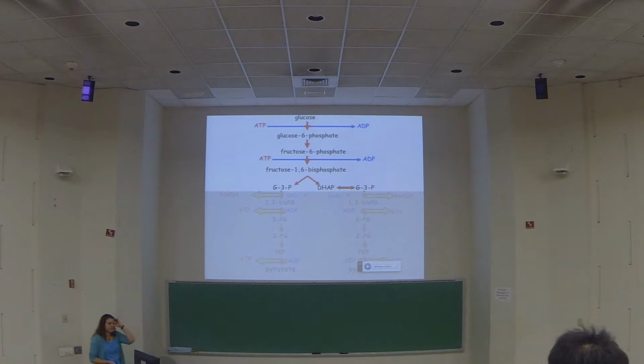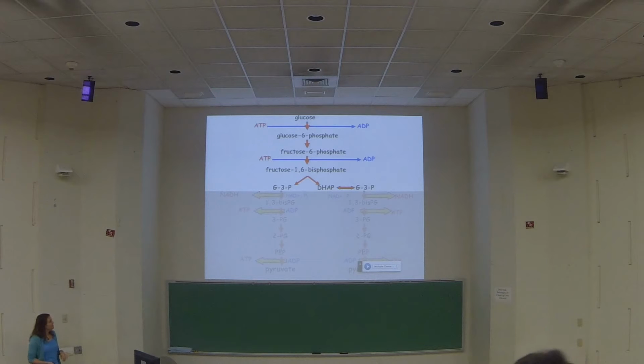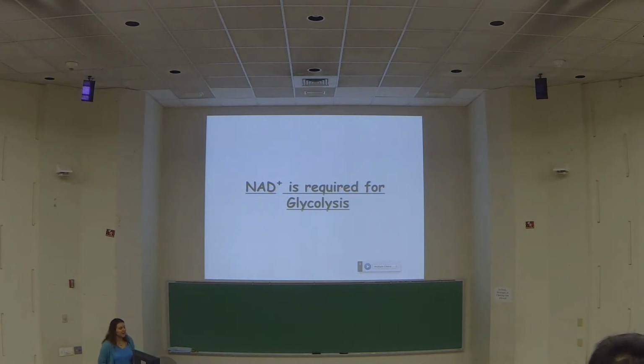So NAD+ is limiting to this whole process. Without it, we can't go from G3P to 1,3-bisphosphoglycerate. So you just get the accumulation of G3P. Glycolysis stops. Can't go any farther. So regenerating our NAD+ is important for keeping the cell in a steady supply of energy. It's required for that second phase of glycolysis.